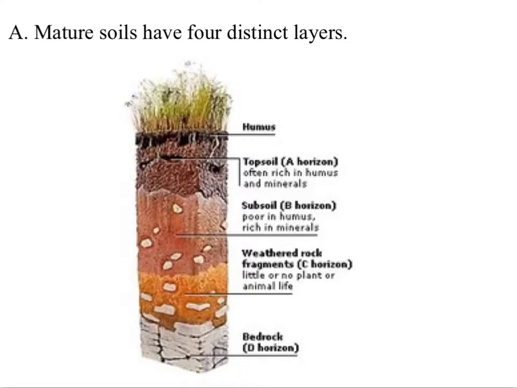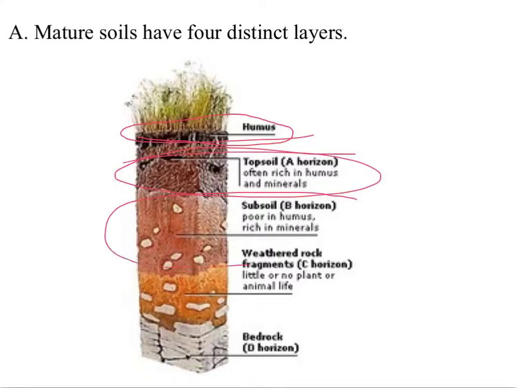So if we're talking about mature soil, that is soil that's been around long enough to develop the usual characteristics of soil, we talk about 4 different layers. On the very top, and you don't need to write this down yet because we'll get into this, just a quick preview, you've got a very thin layer called humus. Beneath that, the topsoil.